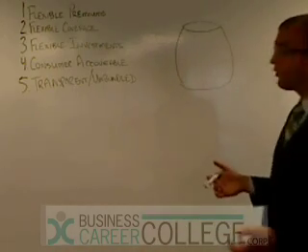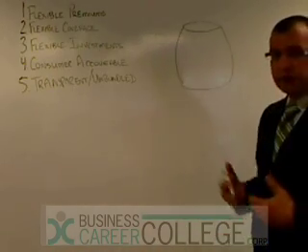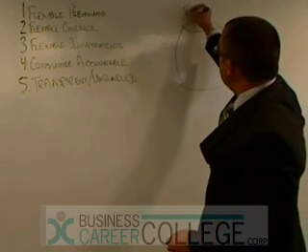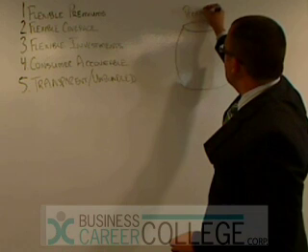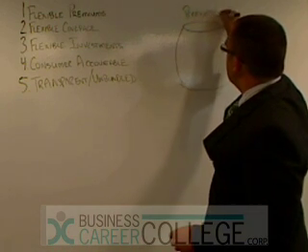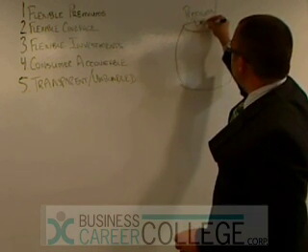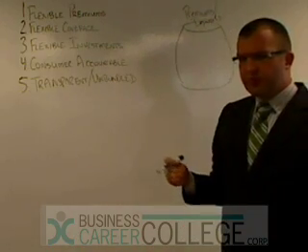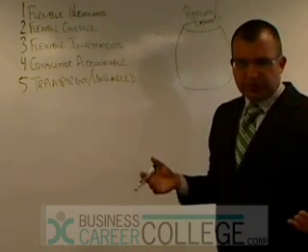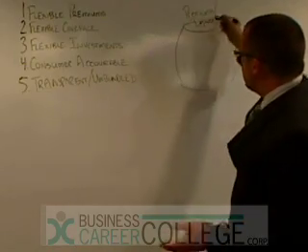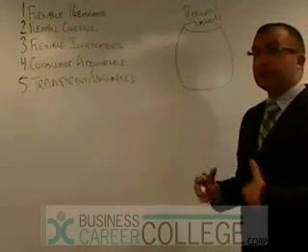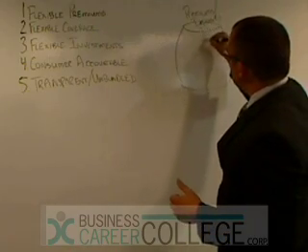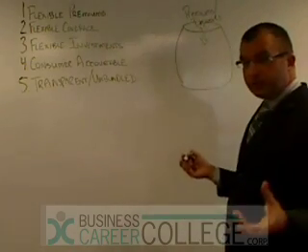The picture usually looks something like this barrel or bucket or keg, whatever you want to call it. And what happens then is our client pays premiums, or sometimes we refer to this as deposits. Sometimes when we want to give it more of an investment characteristic, we refer to this as deposits, but whichever, they're the same thing, the money that's going into the policy. So we have these premiums or deposits going into the policy.